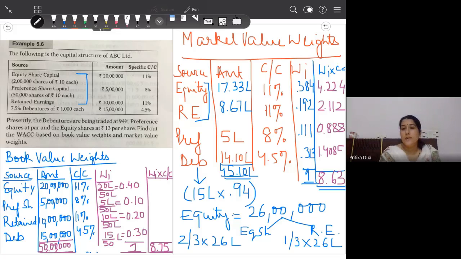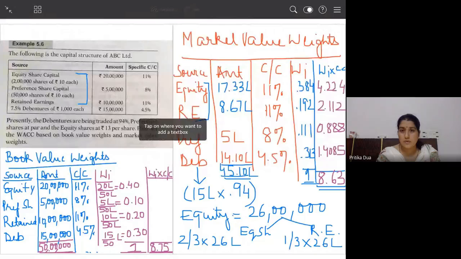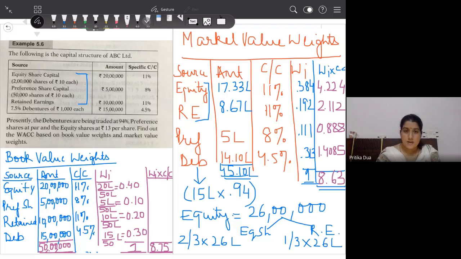Answer is 8.6325. Please check your values. I have written the exact values there on the screen. You can check. So 8628 is fine, Dhruv, but Himanshu, you are getting a big difference. Check your values. And the rest of you also complete the question fast.